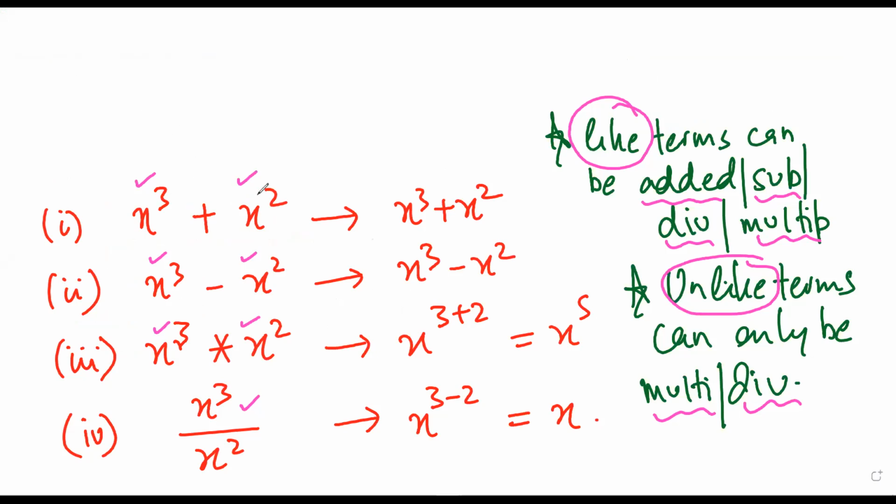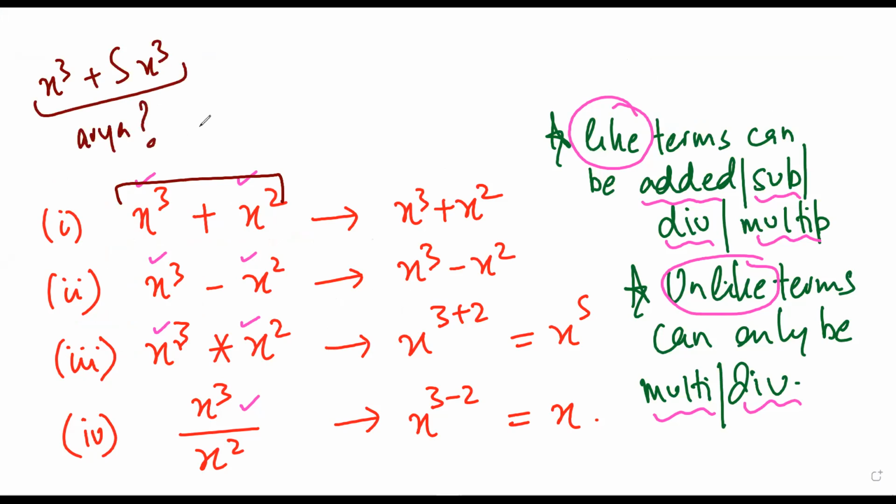So x cube and x square are unlike terms, but x cube and 5x cube are like terms. Mr. Aryaman, any doubt? Mr. Satya, any doubt? No, sir.